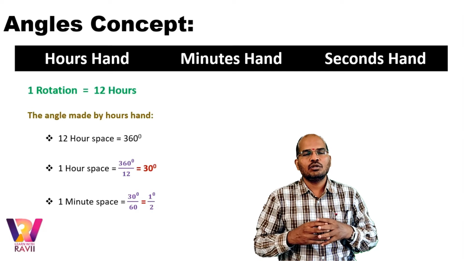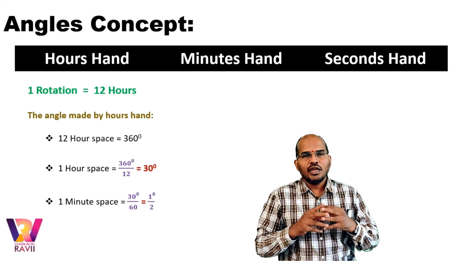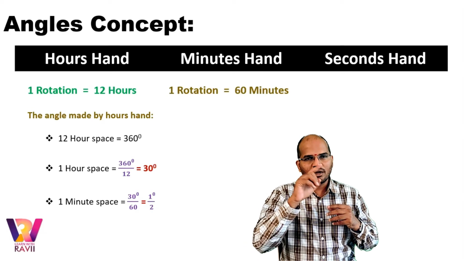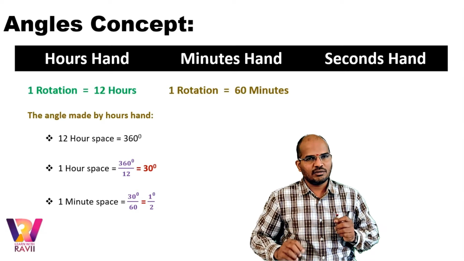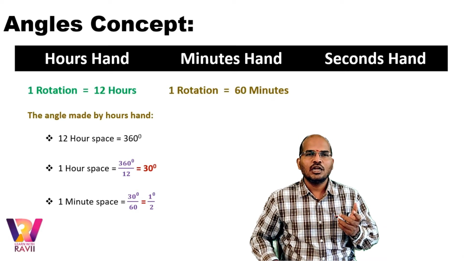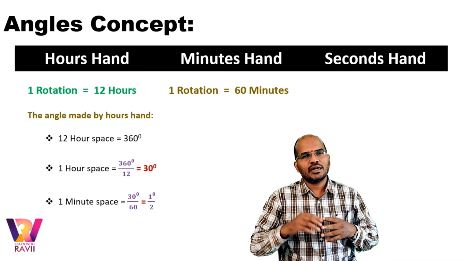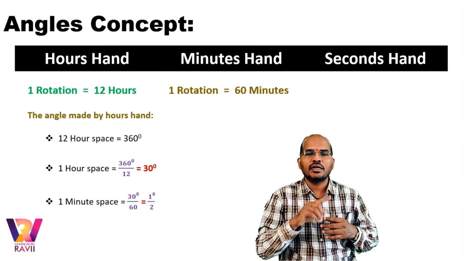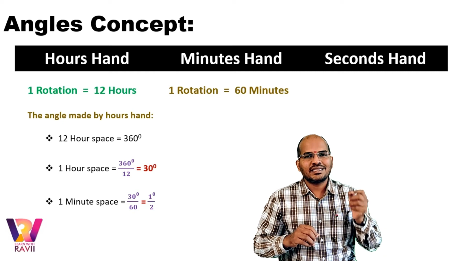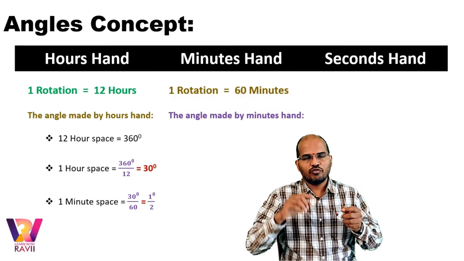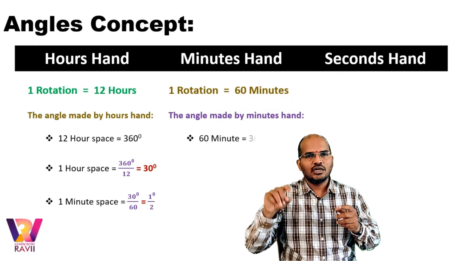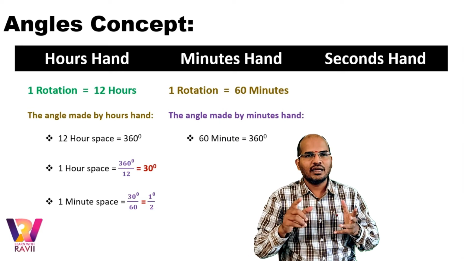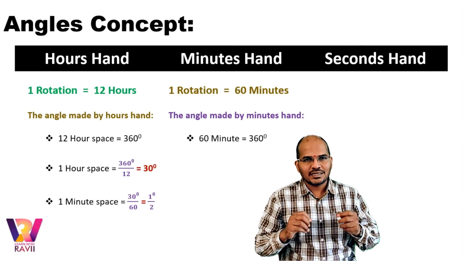Now going ahead to the minute hand. If a minute hand moves for one complete rotation, we call it 60 minutes, 1 hour, isn't it? Now the angle made by the minute hand in one rotation or 60 minutes is 360 degrees. Clear? So if the minute hand moves for one rotation, the total angle is a circle angle which is 360 degrees.